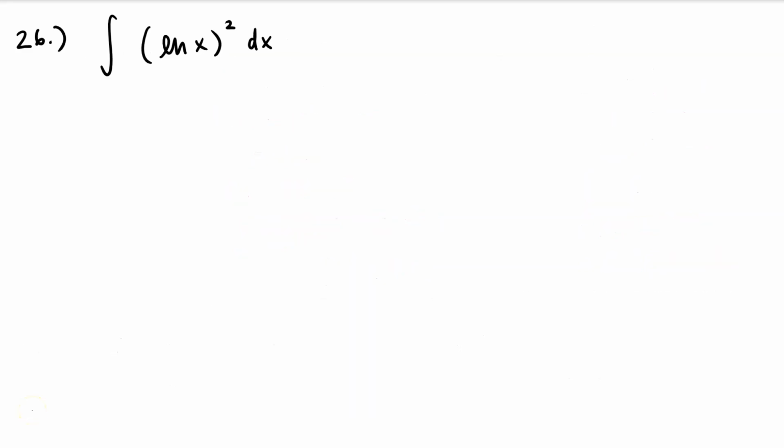For number 26, we have the integral of the natural log of x quantity squared dx. I'm going to use integration by parts, and I'm going to let u equal the natural log of x quantity squared. If we take the derivative, we get 2 times the natural log of x, and then I'm going to multiply by the derivative of the inner function, which is 1 over x.